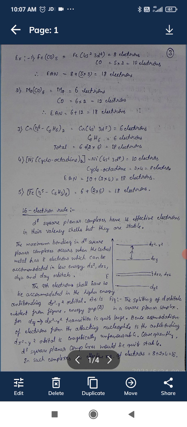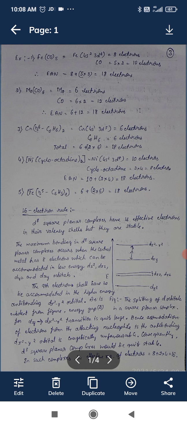When you come to organometallic compounds, if they have 18 electrons in total coming from the metal as well as the ligands, then they are stable. But along with those rules, an organometallic compound having 16 electrons is also stable.